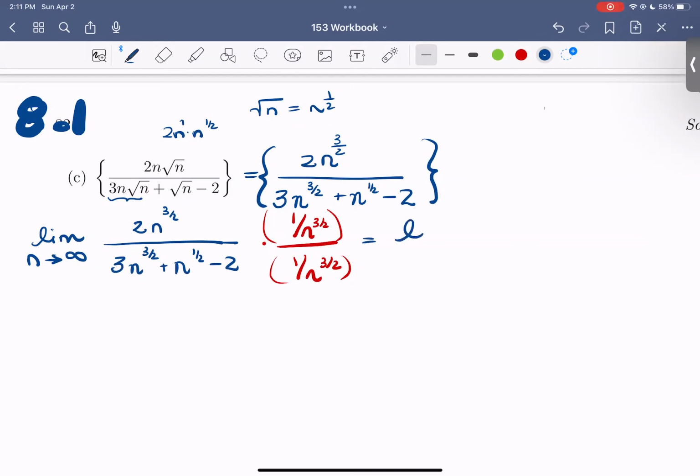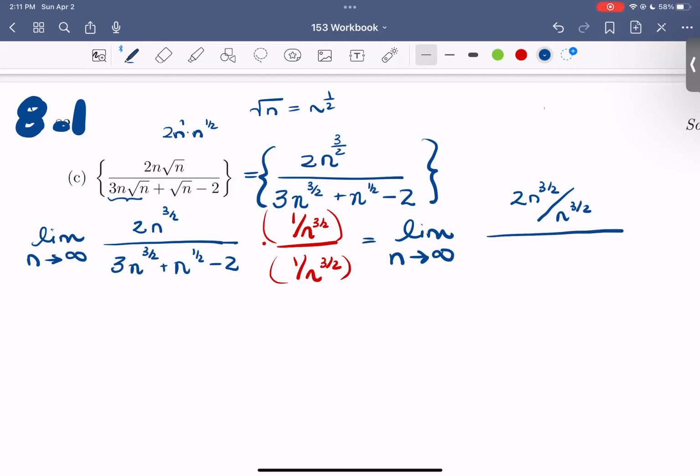So then this becomes the limit as n goes to infinity of what? Well, we can write this out so we can really clearly see what's canceling. We get in the numerator 2n to the 3/2 over n to the 3/2.